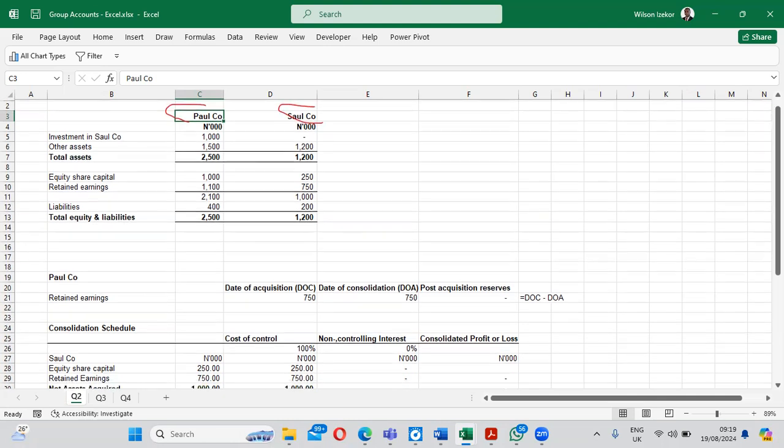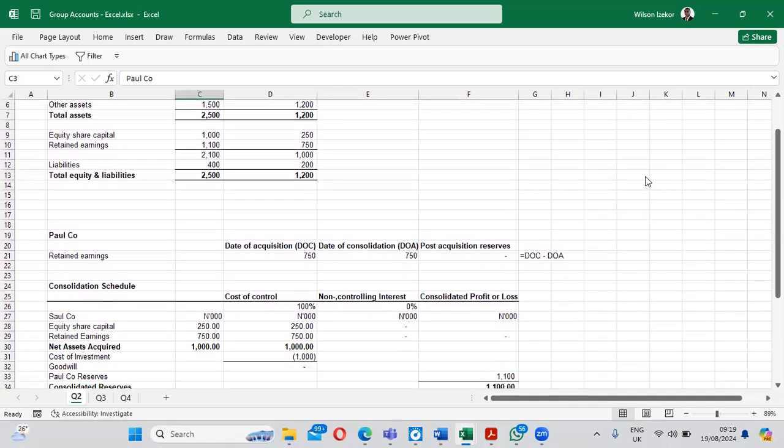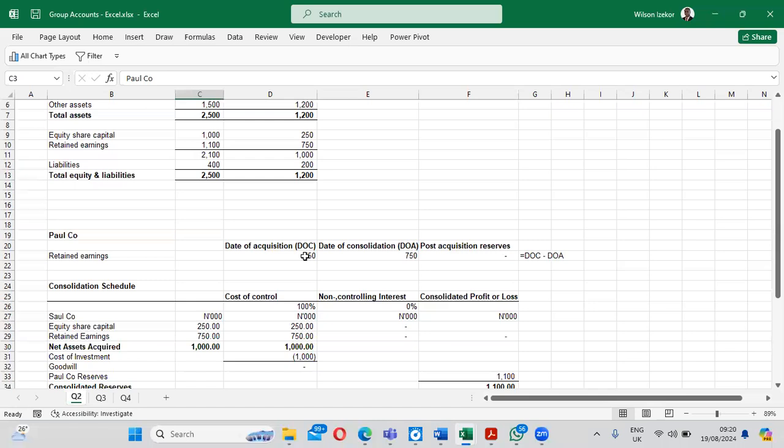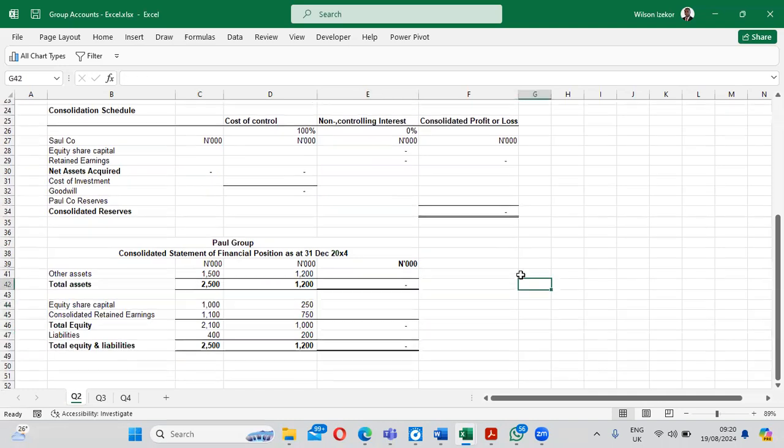So what we have to do here is to prepare the consolidated statement of financial position. I will take out this computation so we can work on it on our own. So you see how we're able to arrive at each of them.